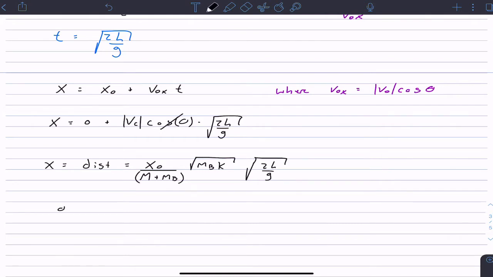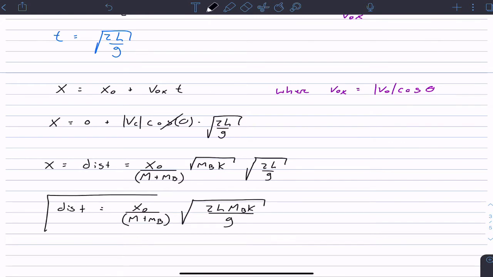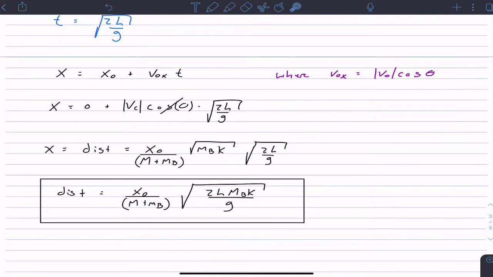If we wanted to simplify a little bit, the distance is x naught over m plus the mass of the ball, times the square root of 2h times the mass of the ball times k over g. So that's your distance. Next problem.